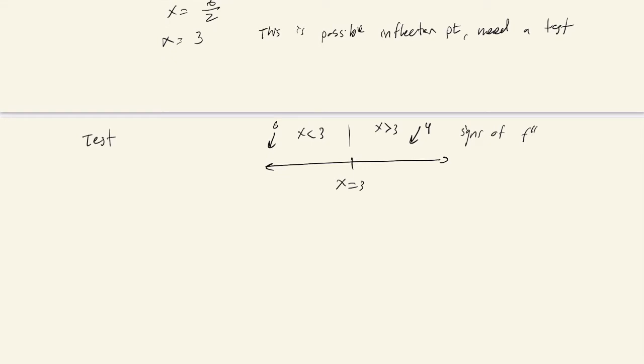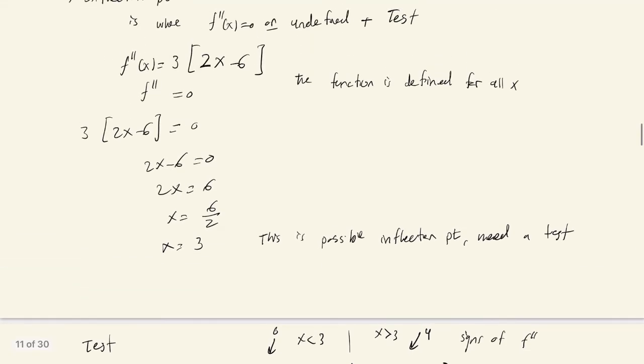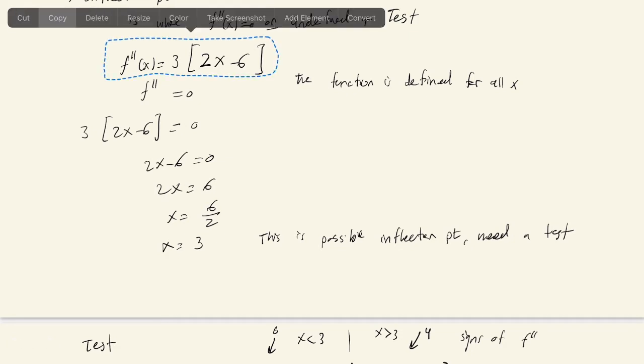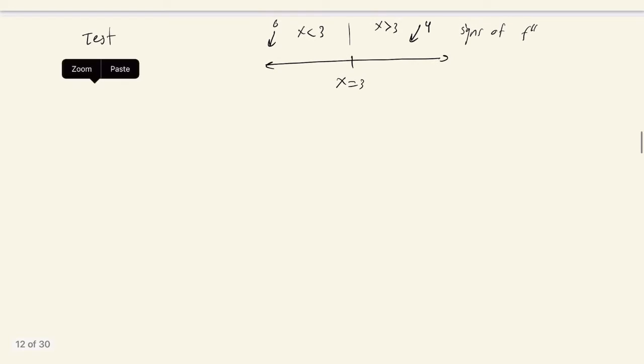Here in this case, I took 4 and I took 0. This is just randomly selected. It just has to be a value that is larger than our possible inflection point and one that is less than it. So I'm going to evaluate 0 and 4 in our second derivative.